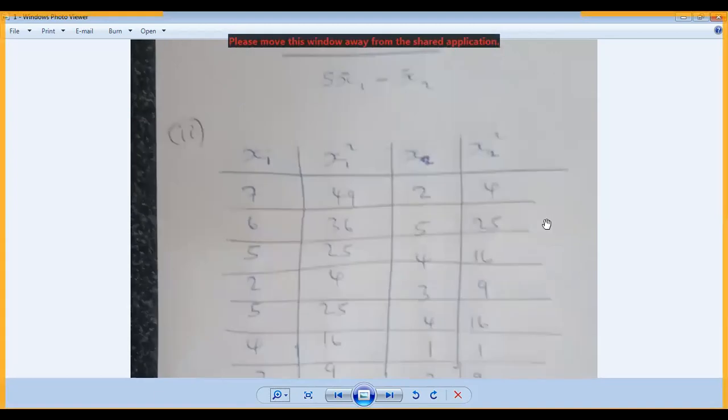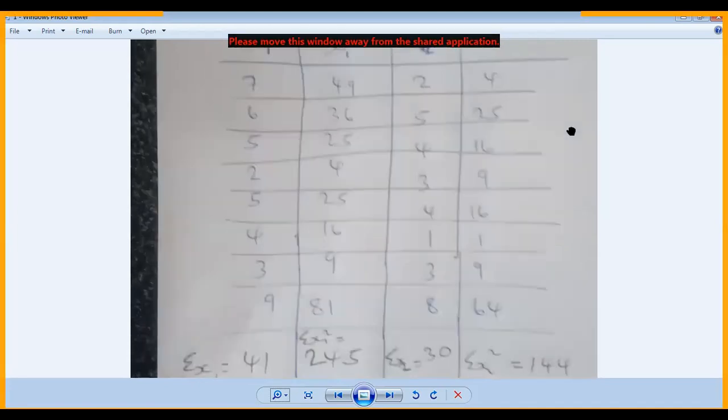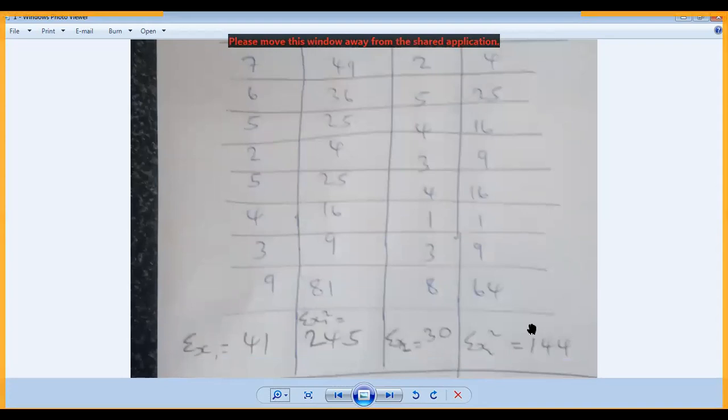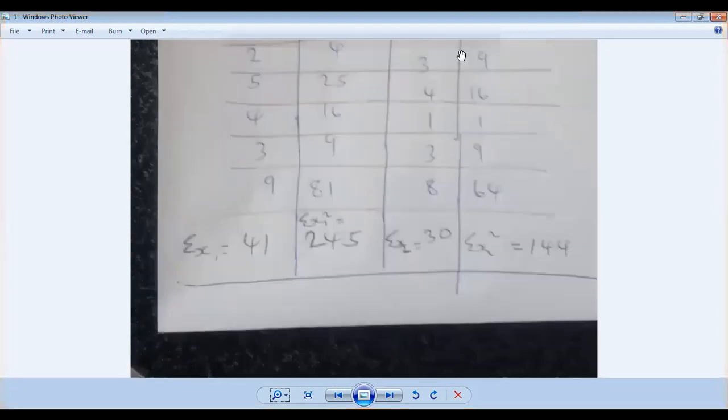You can see we square all those values, and that is 2 squared, which is 4, 5 squared, which is 25, etc. Then we go down, we add all those values, and we get summation of x2 squared, which is 144. After that, we proceed to the next step.